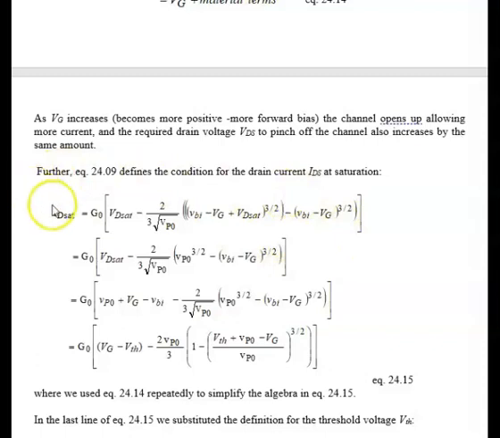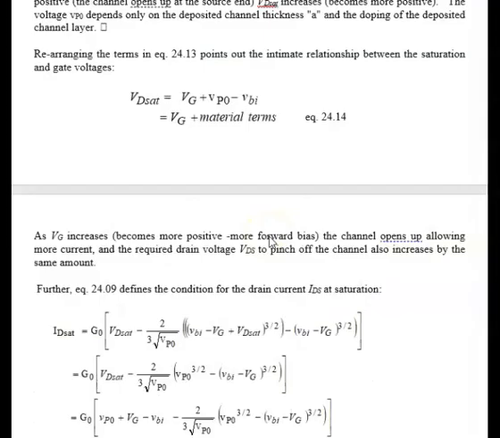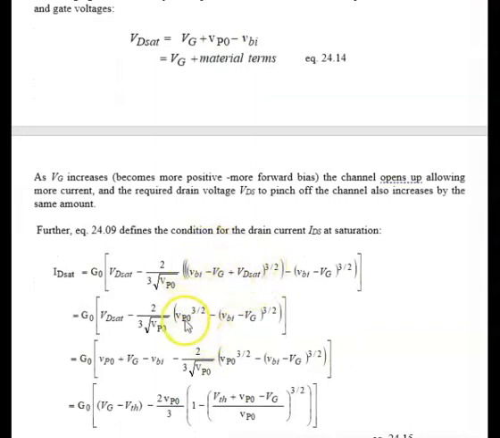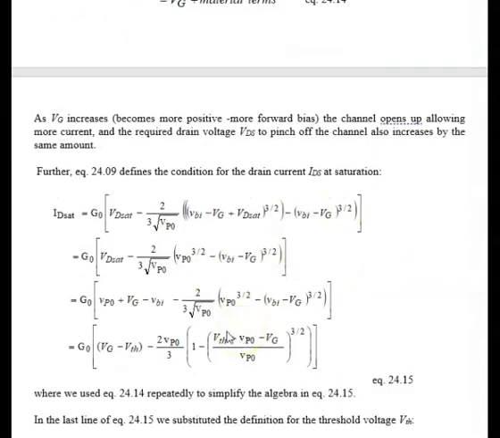So this is equation 24.09, and now we're going to massage this a little bit. The first thing we do is we take a look at this term right here, and we substitute. VBI minus VG minus VDSAT is just VPO. So all this works out to be VPO to the 3/2. This term we keep. So that looks promising.